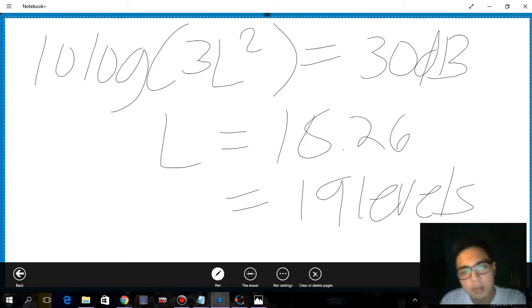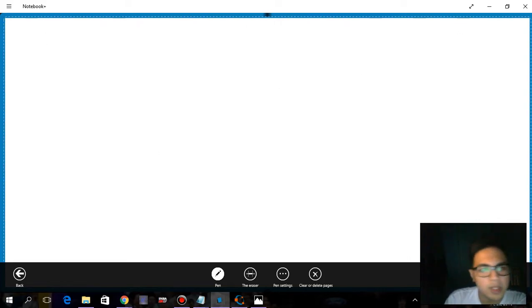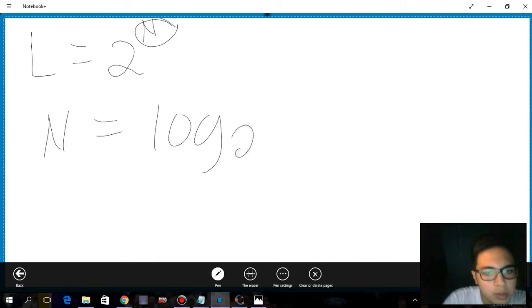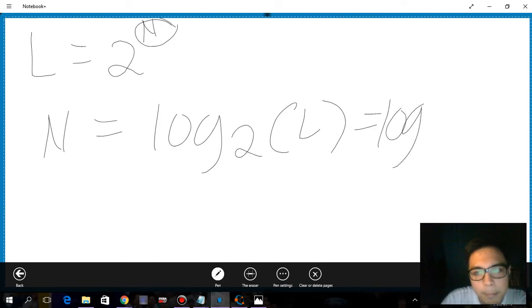Now that we know the number of levels, we can use it to find the number of bits per sample. We know that the number of levels is equal to 2 raised to n, where n is the number of bits per sample. So we can use the logarithmic function log base 2, and now we know L, which is 19.